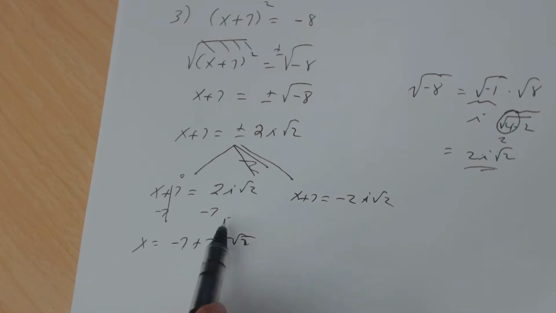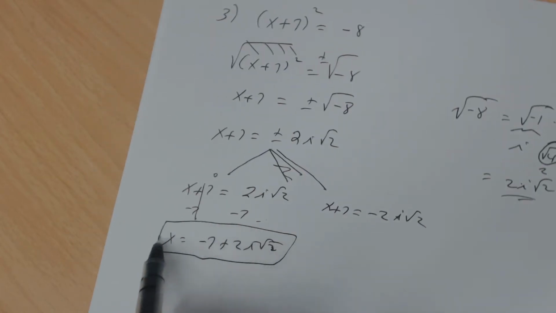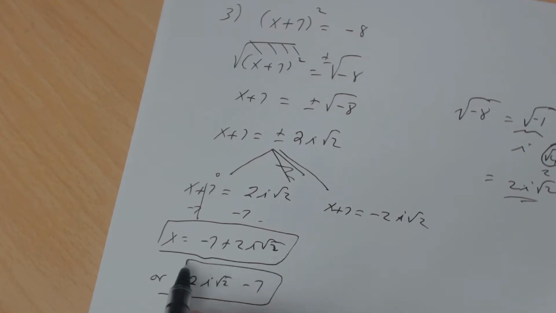And we tend, when there's an i involved, to put the term involving i at the end. So this is the best way to write the answer. Now, if you wrote it as 2i square root of 2 minus 7, there's nothing wrong with that. Mathematically, it's still correct, but we tend, when you have two terms like this, to put the term that has the imaginary unit at the end.